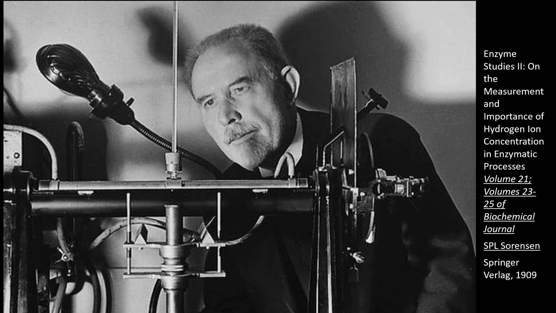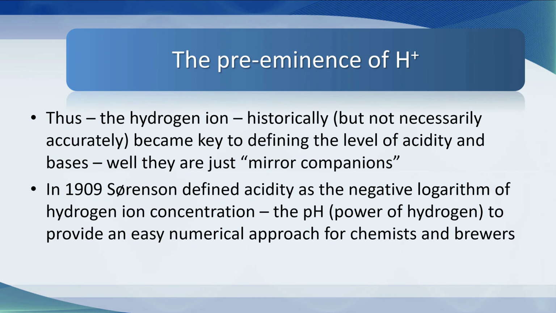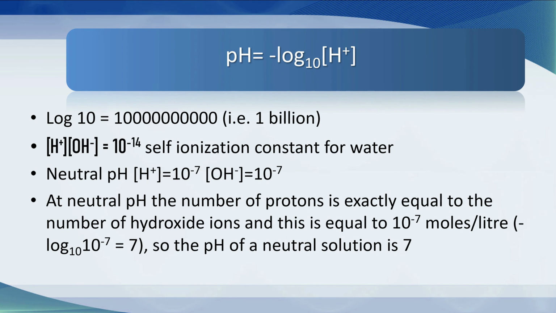The higher the pH, the lower the hydrogen ion activity, and the lower the pH, the higher the hydrogen ion activity. Thus, the hydrogen ion, historically but not necessarily accurately, became key to defining the level of acidity of solutions. That pH is the negative log to the base 10 of the hydrogen ion activity, and that's a small number because the self-ionization constant of water is 10 to the minus 14.